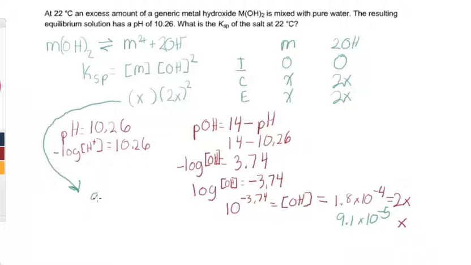So I have 9.1 times 10 to the -5th times 1.8 times 10 to the negative 4th, that is squared. Okay. And that's going to equal my KSP. So KSP equals 2.95 times 10 to the negative 12th.